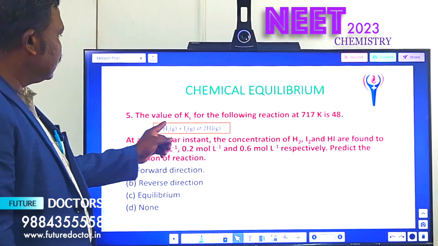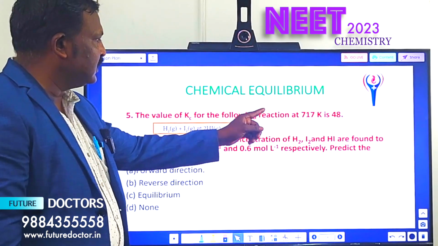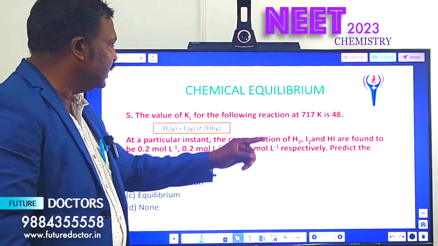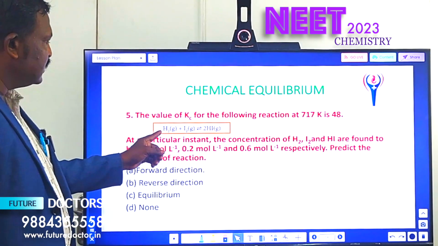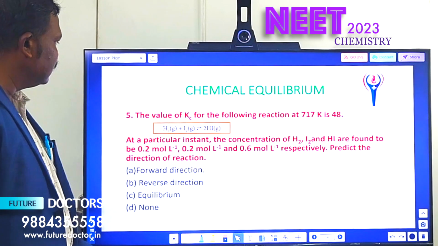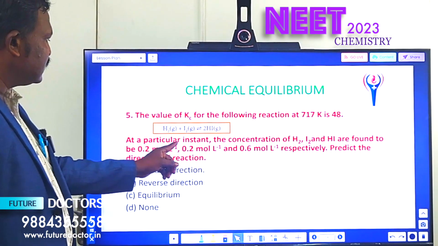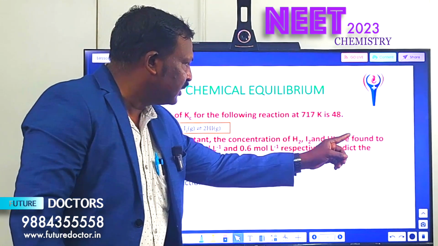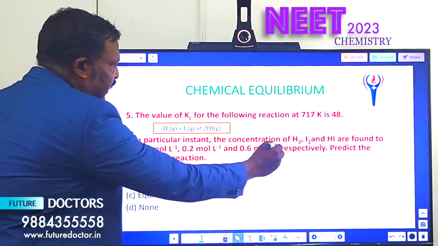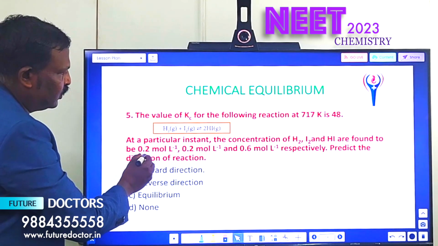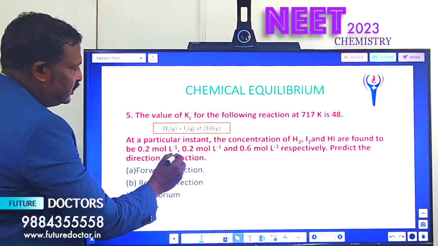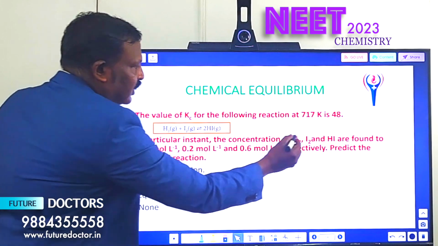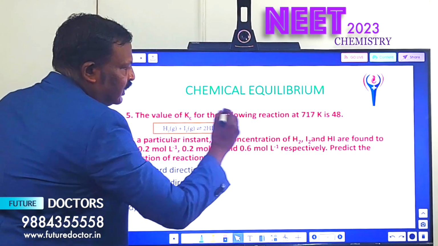The value of Kc for the reaction H2 plus I2 gives 2HI at 717 Kelvin is 48. At a particular instant, the concentrations of H2, I2 and HI are 0.2, 0.2 and 0.6 mole per liter respectively.